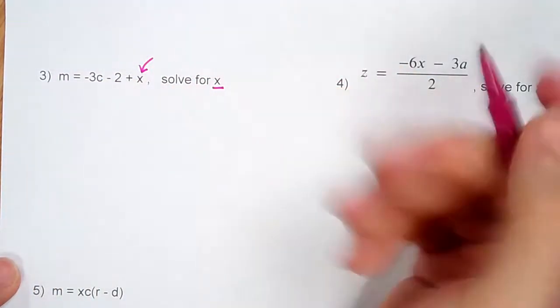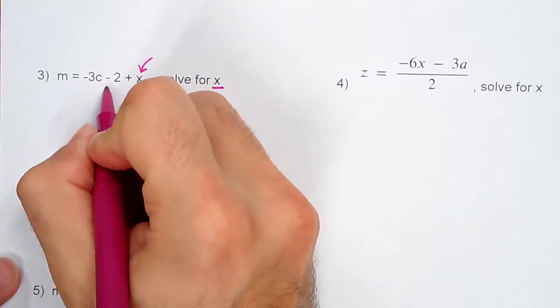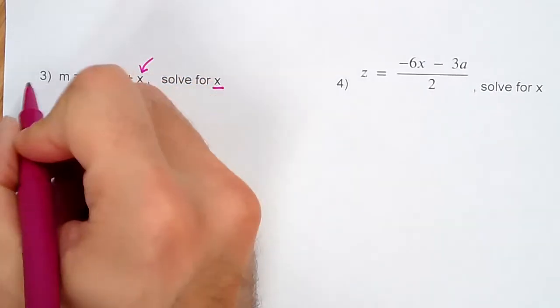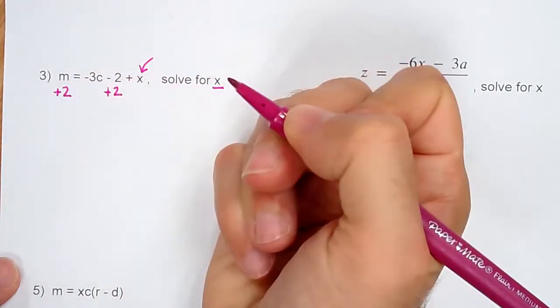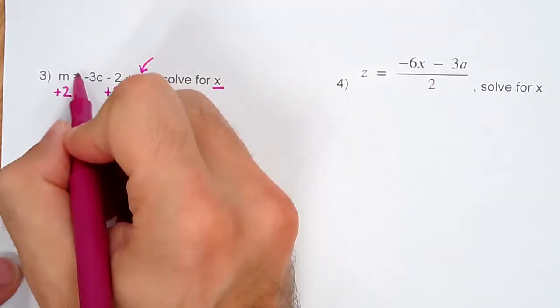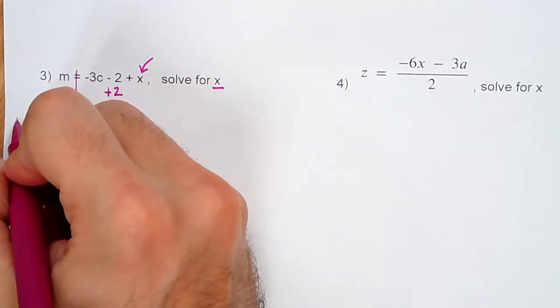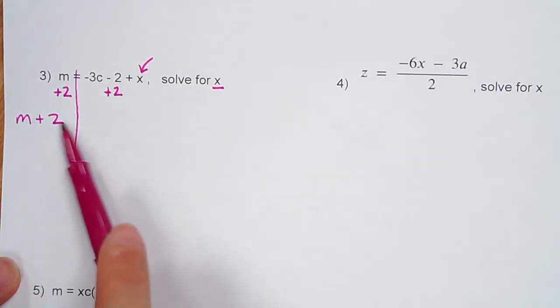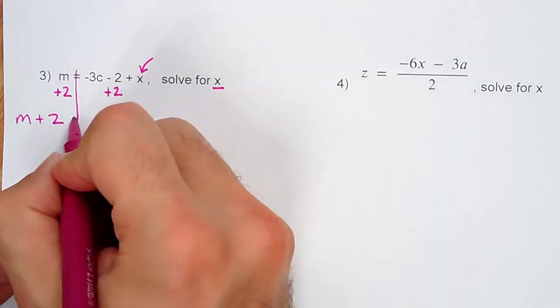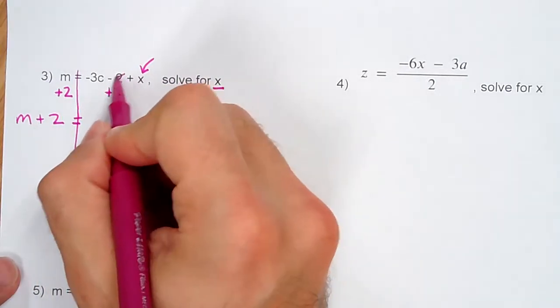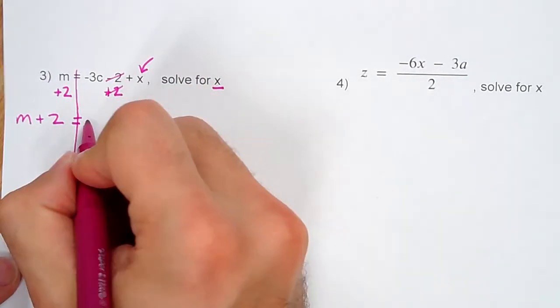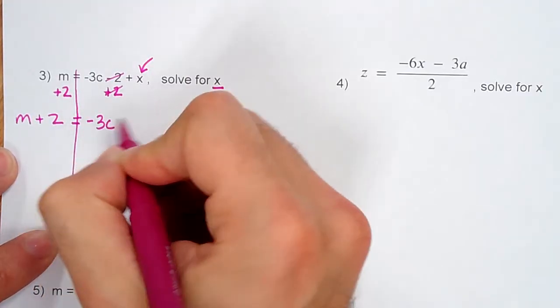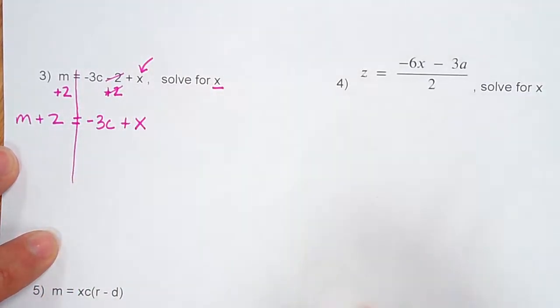So my first step, I'm going to add 2 on both sides. So that's going to leave me with m plus 2. Again, I can't combine these. They're unlike. And then on the right side, these go away, and I'm left with negative 3c plus x.